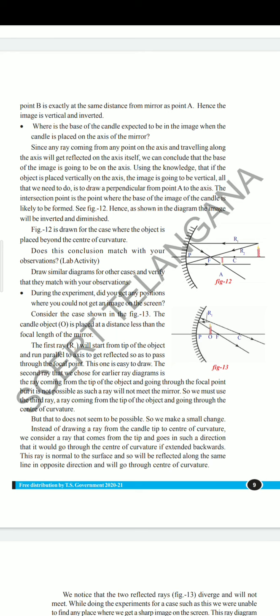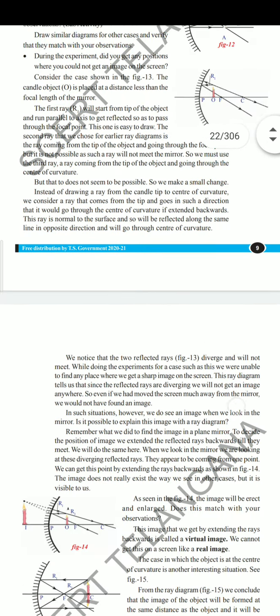Instead of drawing a ray from the candle tip to the center of curvature, we consider a ray that comes from the tip and goes in such a direction that it would go through the center of curvature if extended backwards. This ray is normal to the surface and so will be reflected along the same line in the opposite direction and will go through the center of curvature.